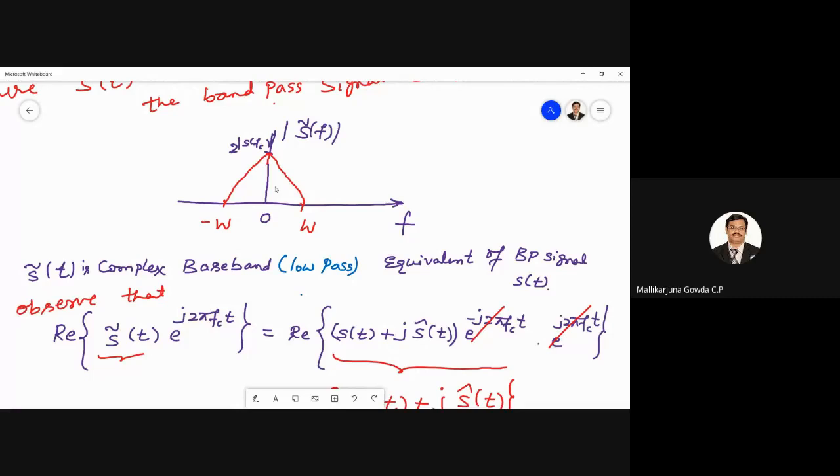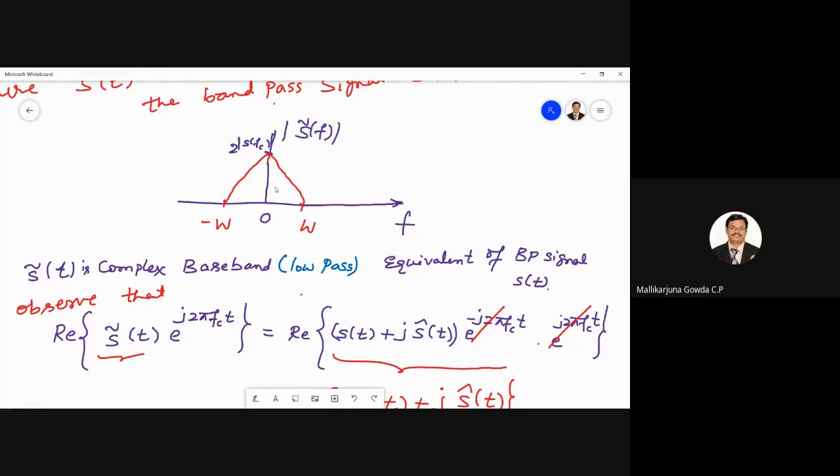The second thing is, analysis of the band pass signal is complicated by the presence of the carrier frequency. The band pass signal will be far away from the origin, far away from the low frequency, appearing at carrier frequencies. If I represent that as a complex envelope, then I have a signal which does not have the carrier frequency.